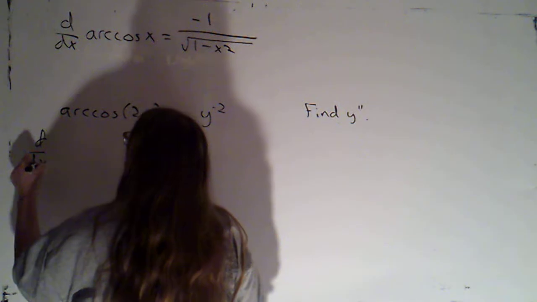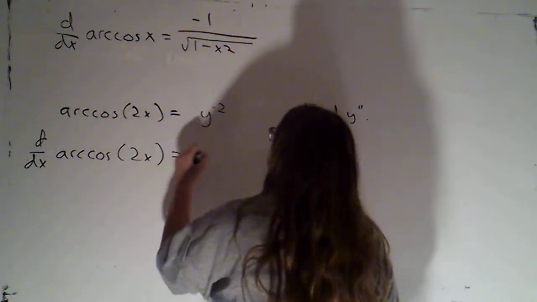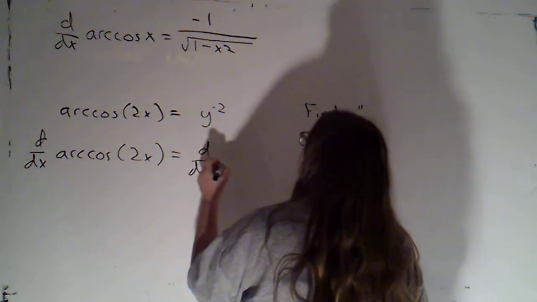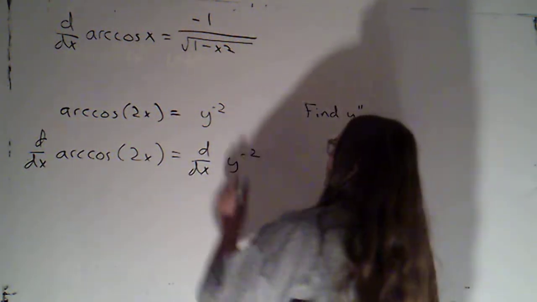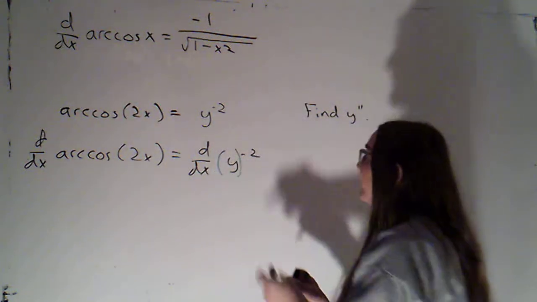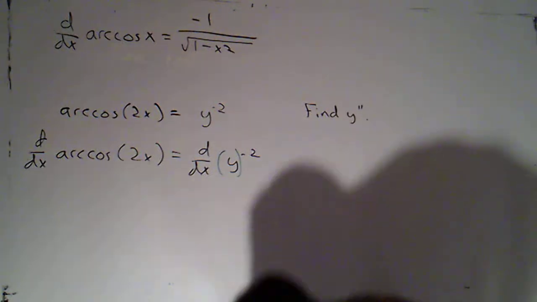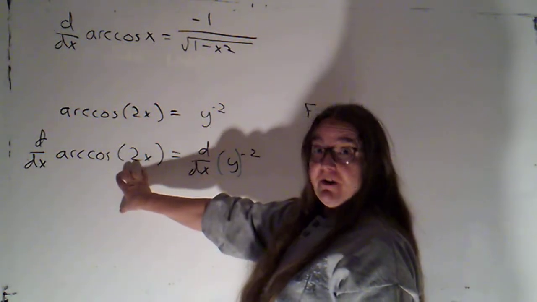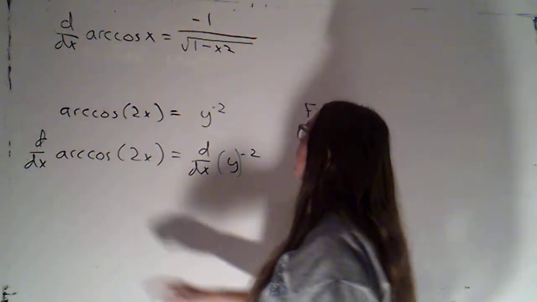I'm going to take the derivative with respect to x of arc cosine of 2x and say that's the derivative with respect to x of y to the negative 2. That y is some function of x, so this is a function composition. Now, the left-hand side is also a function composition because I'm plugging in 2x to arc cosine.